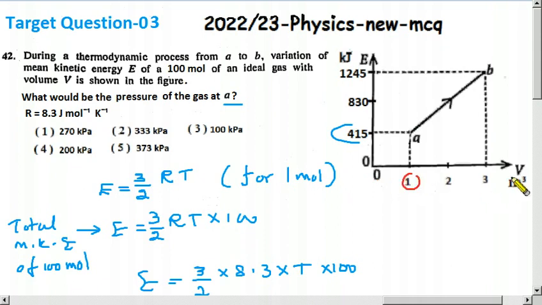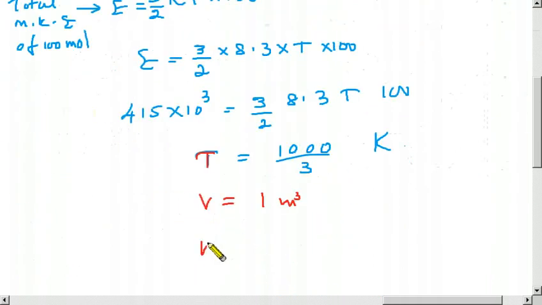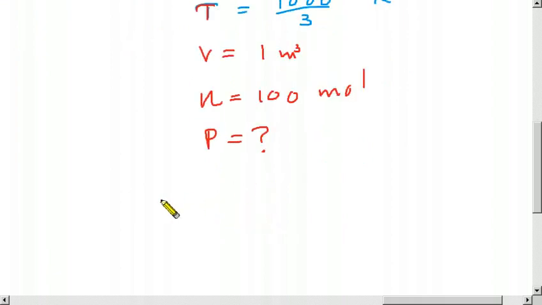Here 1 cubic meter regarding this point A. Then we know the number of moles, 100 moles. What we need is pressure. So I think if we use PV equals nRT, we can get the answer.